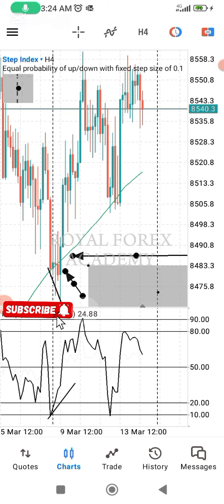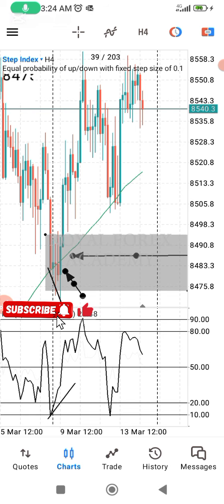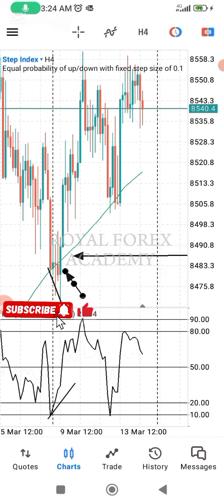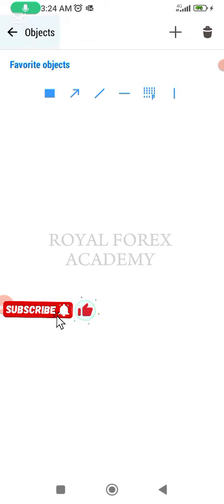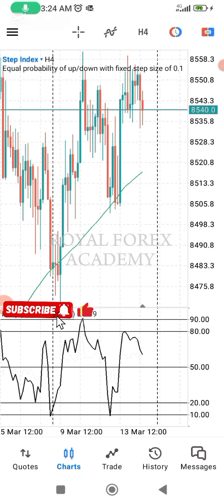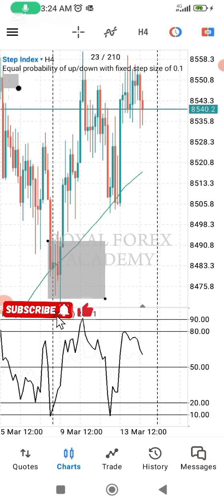So now you realize price has left here, right, and went to the upside. So here becomes our next order block. So now the price is out of this zone, we have this marked out as our next order block.